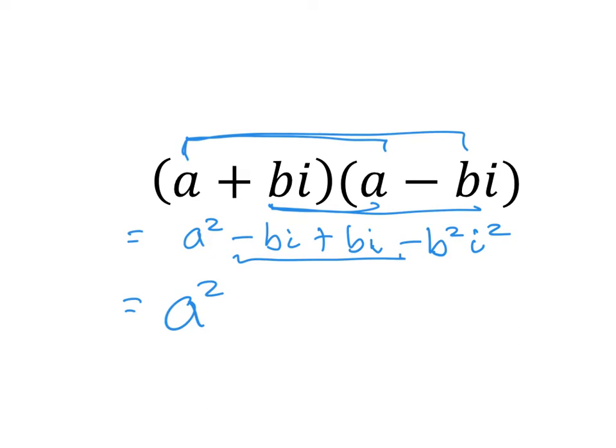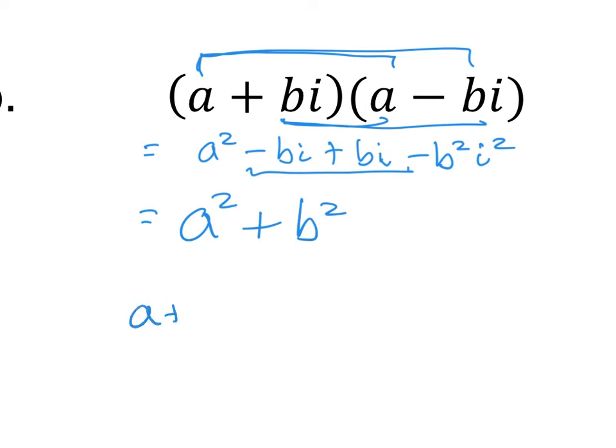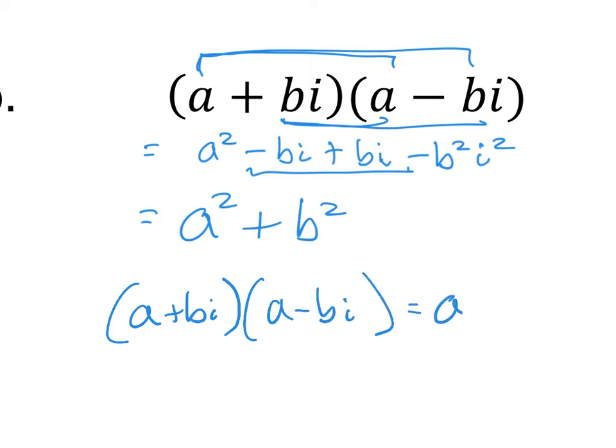The middle ones cancel. And here we have negative 1, because i squared is negative 1, times negative b squared. Negative 1 times negative b squared would be positive b squared. And so that leaves us with the rule a plus bi times a minus bi is always going to be a squared plus b squared.